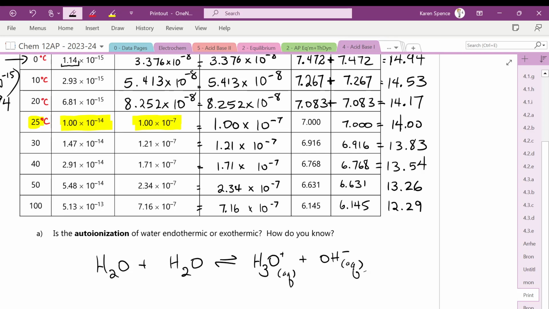Did we have one just like this on your equilibrium test? I think we did, didn't we? I feel like we did, didn't we? No? Maybe not. But it's very similar. You could have had a question like this on your equilibrium test. We haven't done one yet. But we didn't have this question on your equilibrium test.